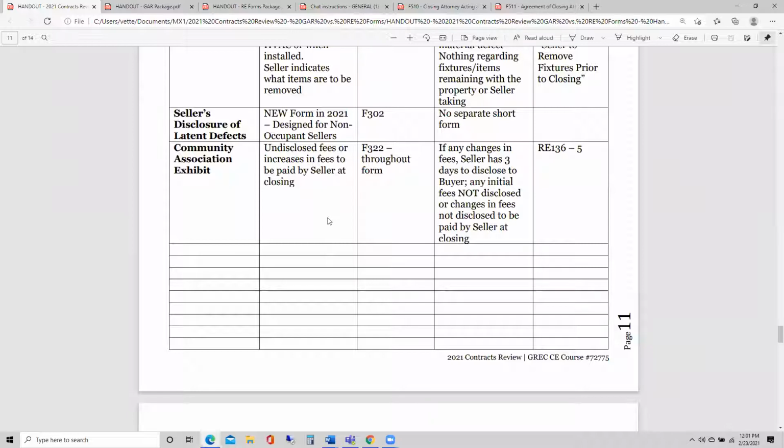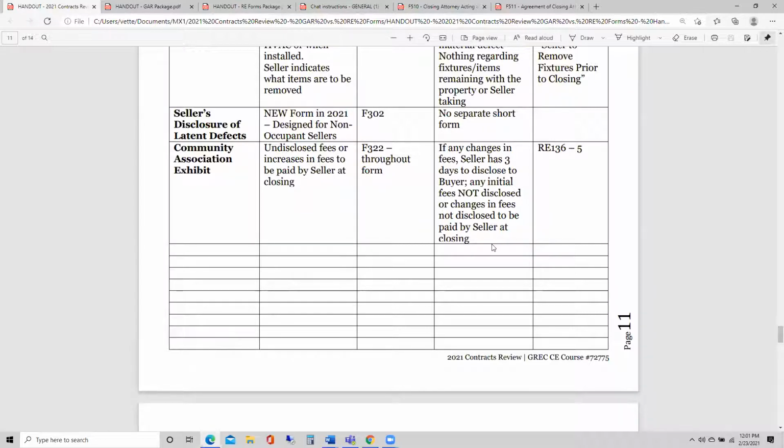So because that seems to be the case with a lot of these HOAs and management companies, these forms, both under GAR and RE, generally say that any fees that are not disclosed by the seller or any increases in the fees will be the responsibility of the seller to pay at closing, even if it is a buyer-related fee.